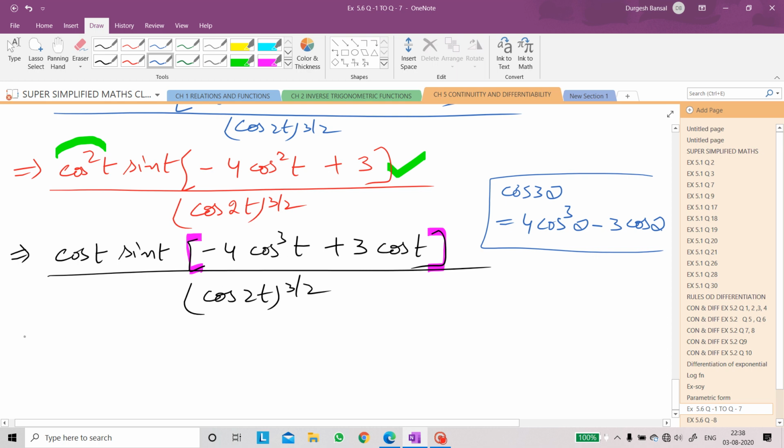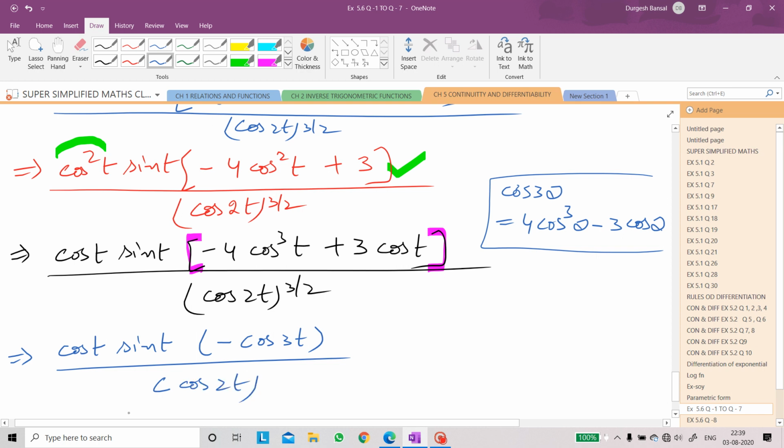So we will have cos t sin t, and this is minus cos 3t, divided by cos 2t whole raised to the power 3 by 2, and this is the expression for dy by dt.